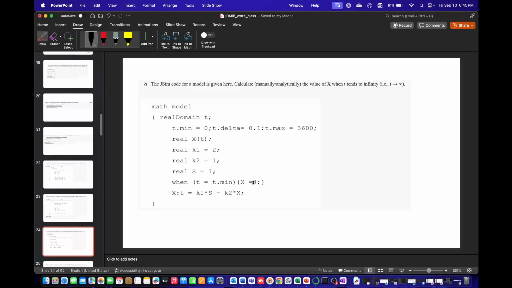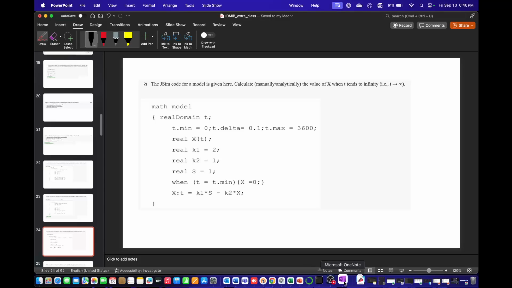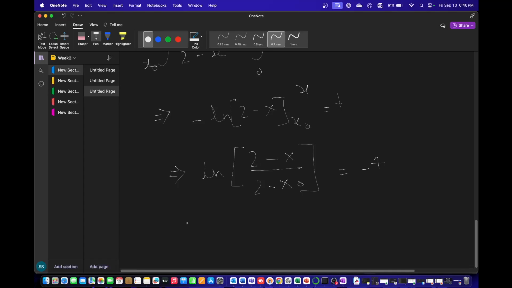So x naught equal to 0 and t equal to 3600. So let's take anti-log. If you take anti-log and solve, this will become 2 minus x equals (2 minus x naught) e to the power minus t.